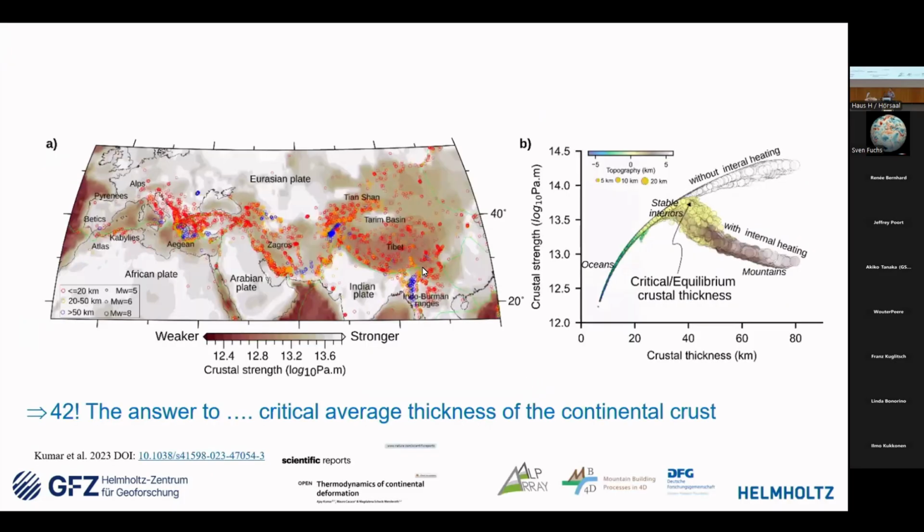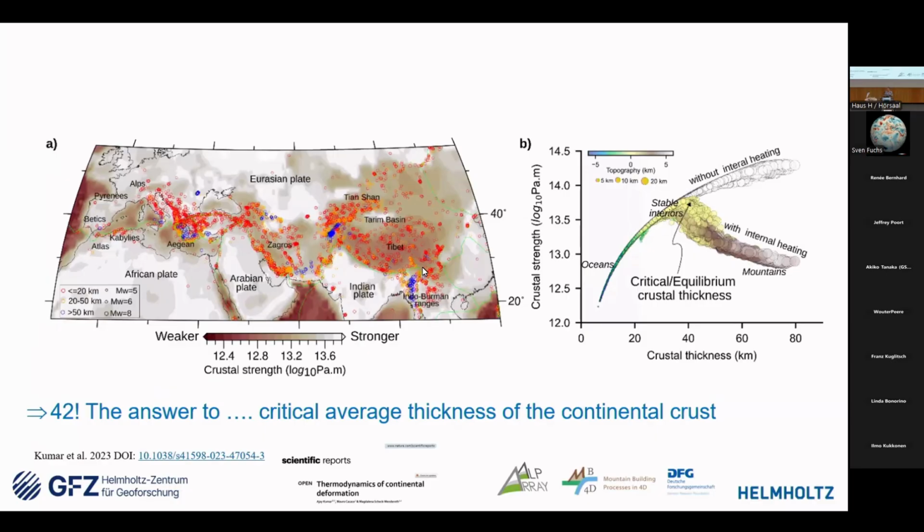What we see as well, if we look at models of the crustal strength across the Alpine-Himalayan zone, you see here is Tibet, Zagros, Alps, and so on. We can see in reddish colors weaker areas, and in lighter colors stronger areas. And we see that all the orogens are weaker than their surrounding continental interiors. And if we plot all these strength values against crustal thickness, we see that the strength would increase infinitely if we would not consider crustal heat production.